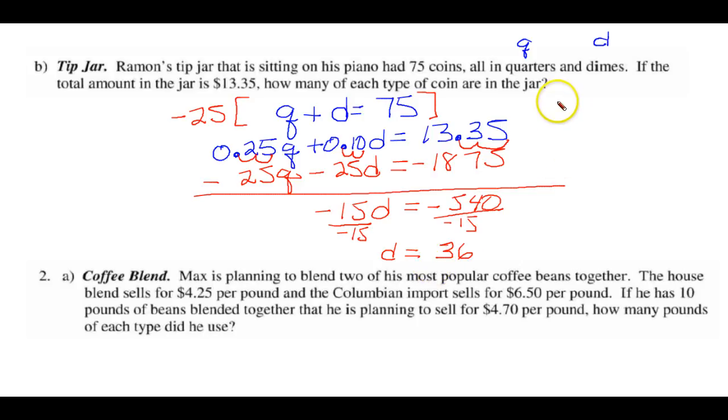So if I have q plus 36 equals 75, substituting my d value here, I get q equals 39. So I have 36 dimes and 39 quarters. Very similar to how we did the previous example.